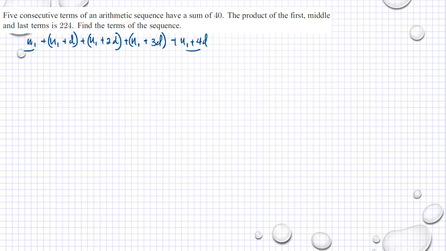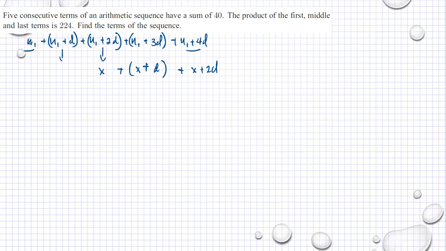As you can see, I will be dealing with a lot of these. If I can find a way to eliminate my d, then it is better. For example, I can rename the middle term as x, and the next one is x plus d, and this one is x plus 2d.